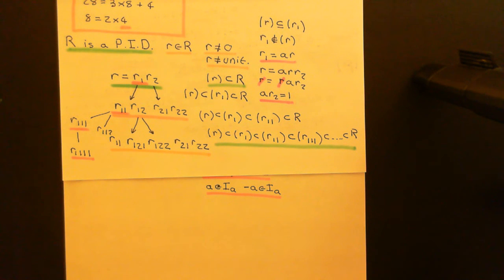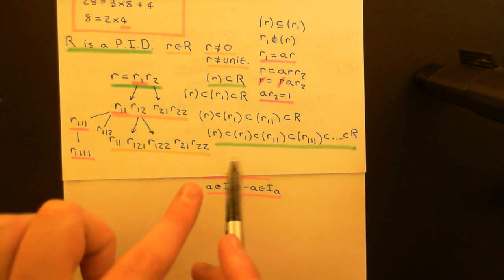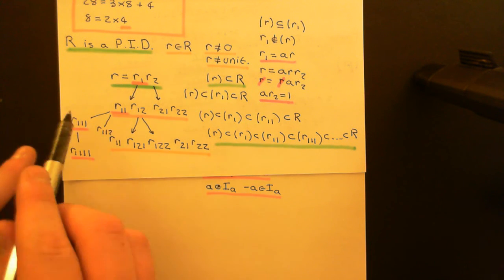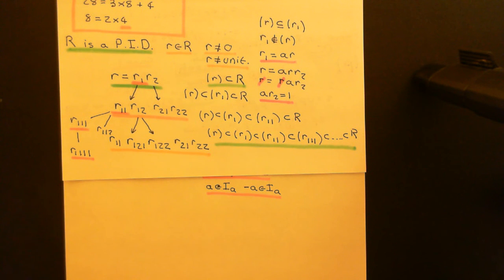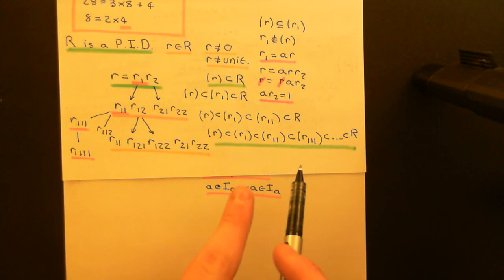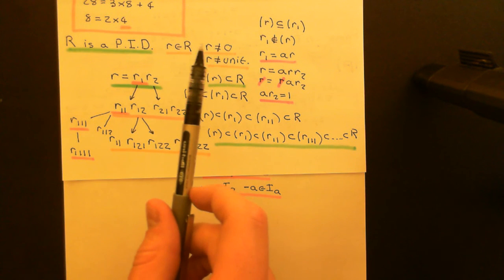So it would never ever become stationary, and that's a contradiction because this is a principal ideal domain. So this thing cannot exist, and that implies that this infinite tower of reducible elements cannot exist. This process cannot go on forever, otherwise it would give rise to this, which is unfeasible in a principal ideal domain. So that's how we prove that this must terminate at some point.